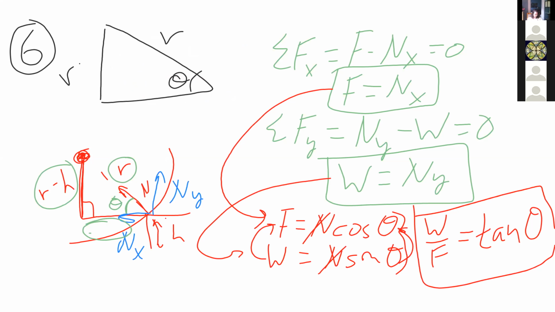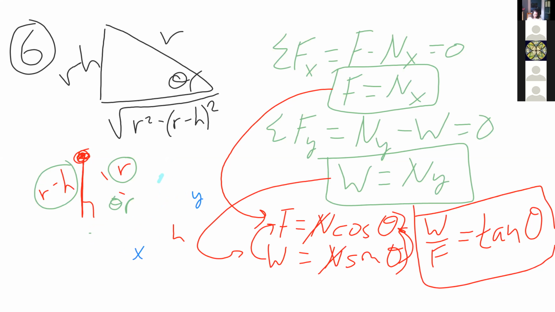This is r minus h. I'm just copying this down here, making it a little less cluttered. Using the Pythagorean theorem then, a squared plus b squared equals c squared, I know that my last leg here would be the square root of r squared minus (r minus h) squared.